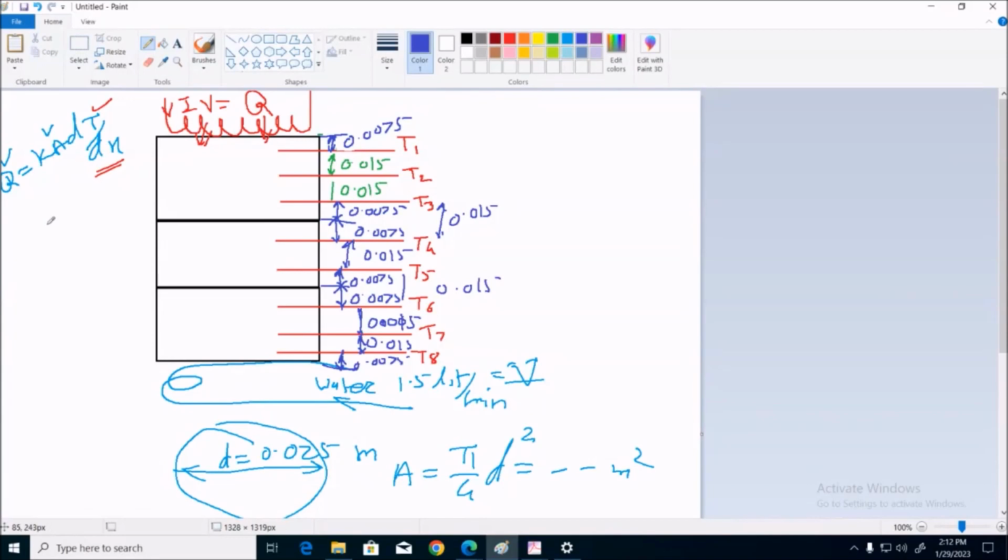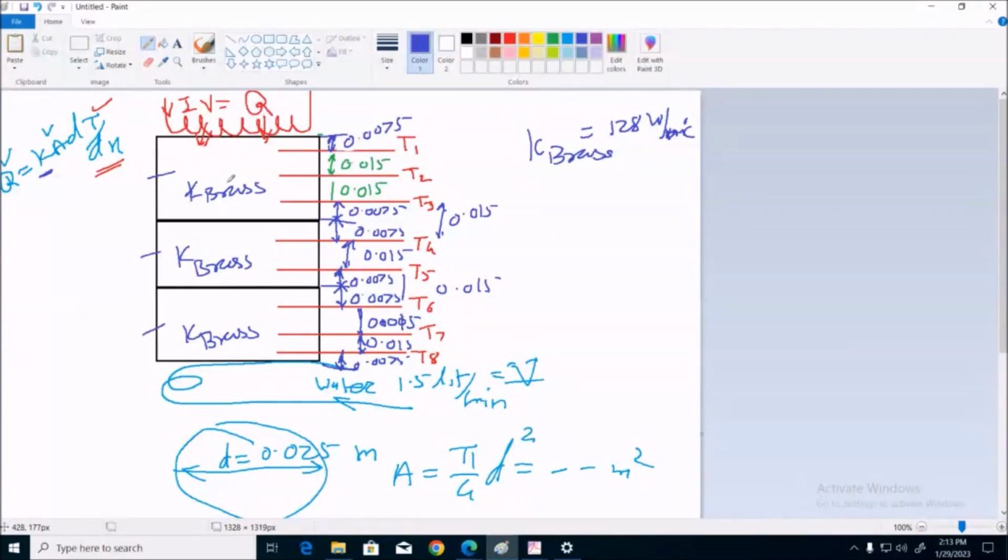So we can measure the temperature and we can measure the distance. We can find out K. So this is made up of brass, and the thermal conductivity of brass is 128 watt per meter degree centigrade.